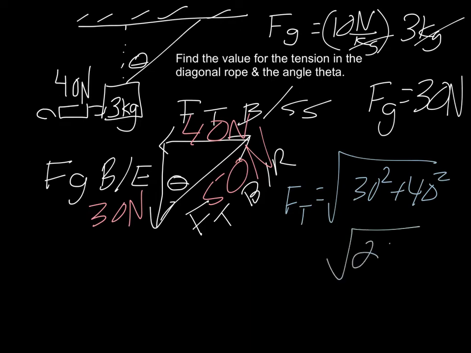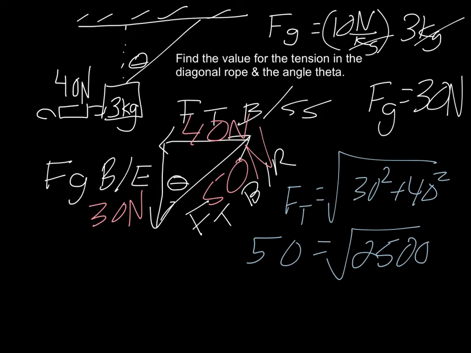That's the square root of 2500. So the square root of 2500 is, whoops, that's 50. I know that kind of looks like 60. That's 50 newtons. So that's correct.